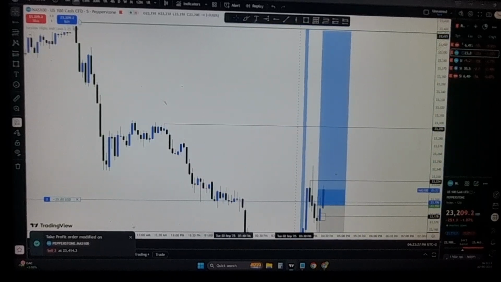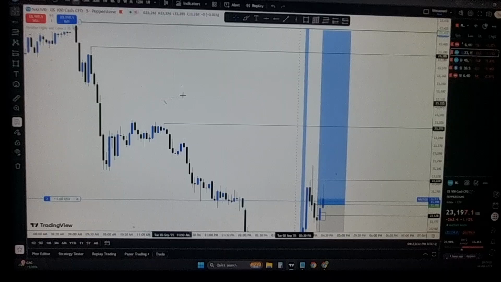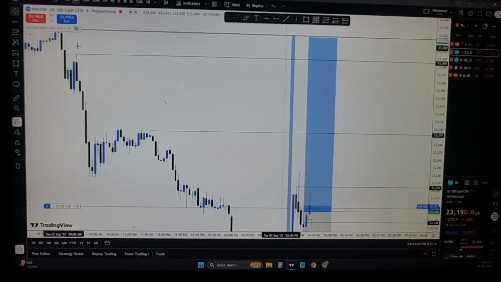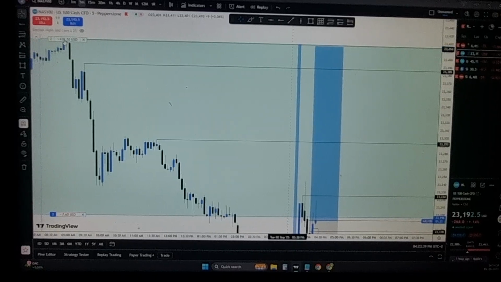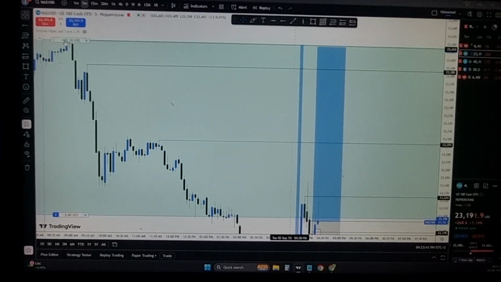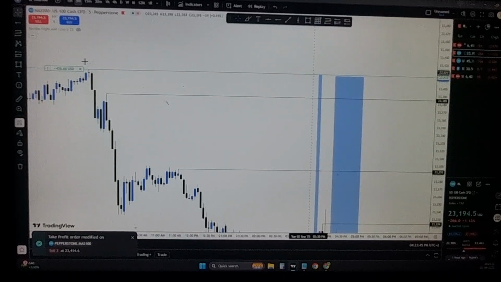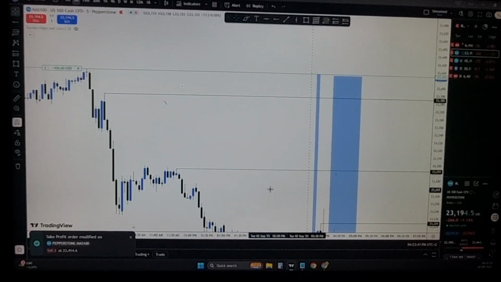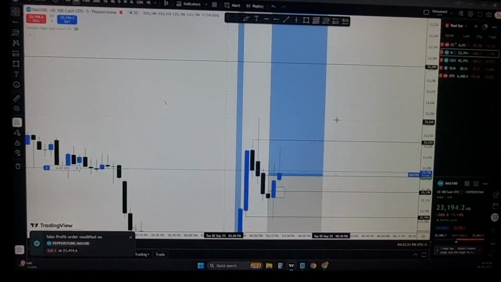Okay, TP2, it's gonna be this high. Okay. TP4 is gonna be this high. Sweet. Now we're gonna have to see if it plays out.